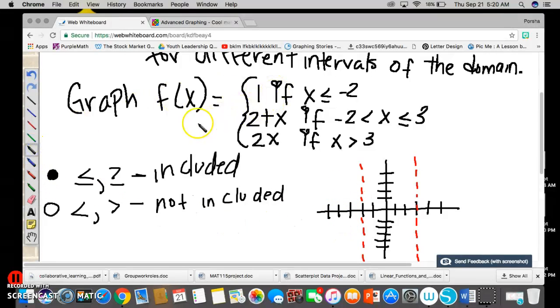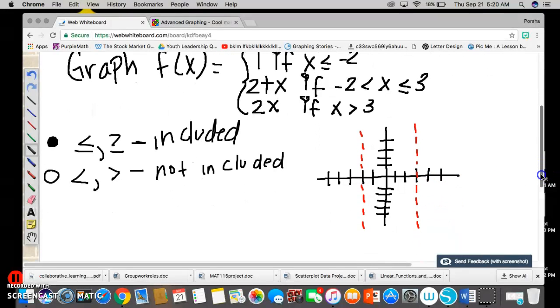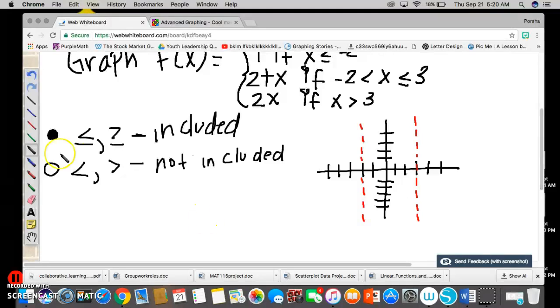So let's go ahead and do the first one. The first one is f of x equals 1, and we know that f of x equals 1 is just basically y equals 1. So first we're going to do y equals 1. Of course, we know y equals 1 is here, but the interval is x is less than or equal to -2.